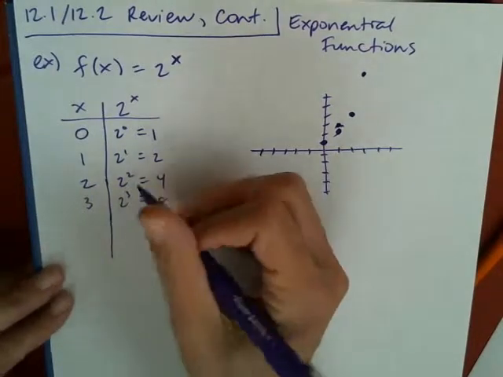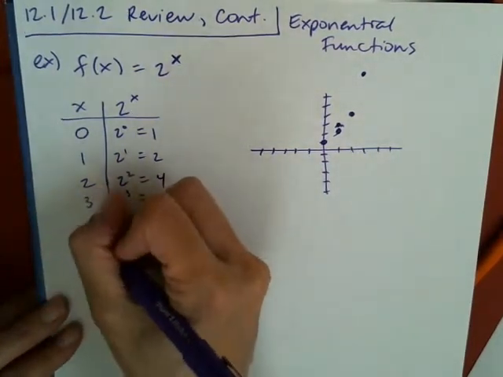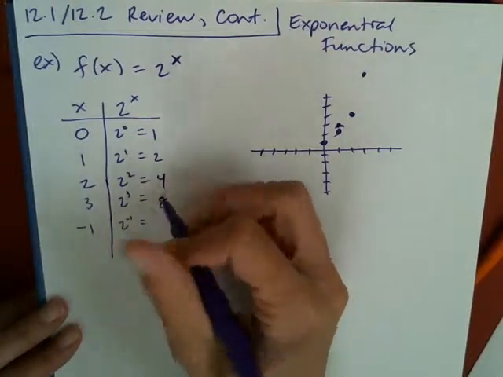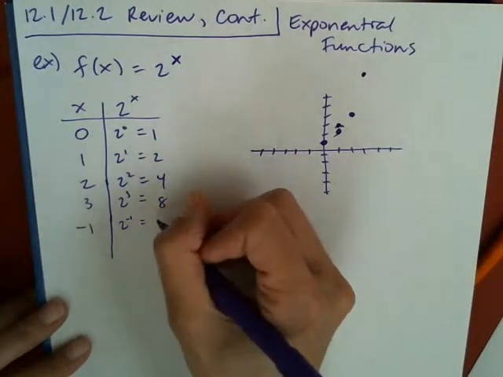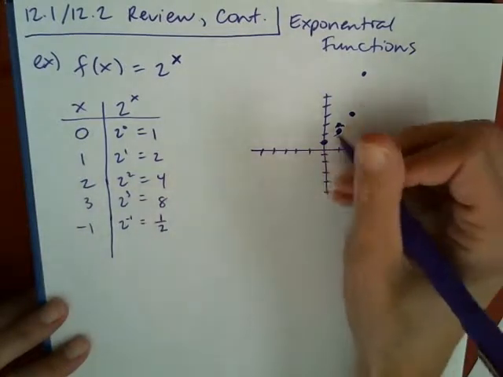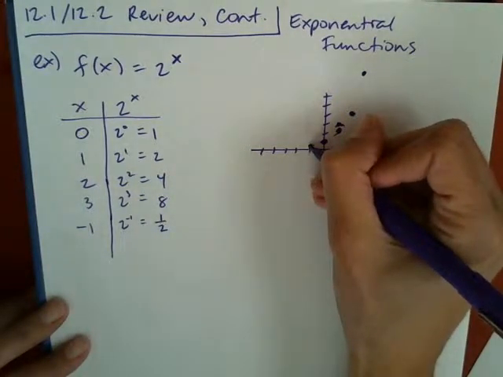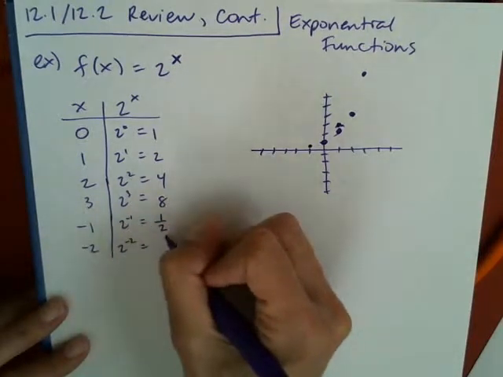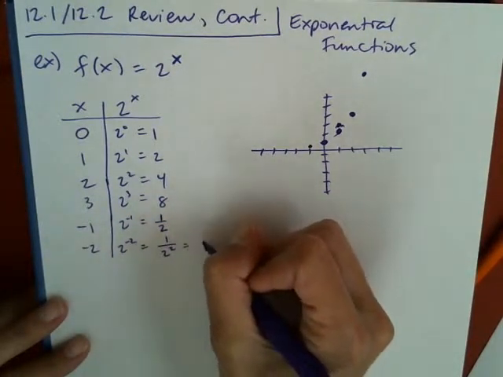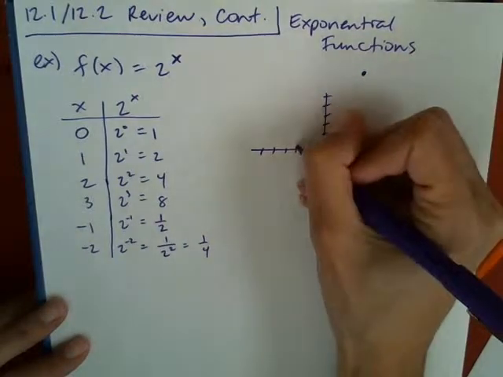What I didn't put up here for my x's are negatives. So negative 1, 2 to the negative 1. This is a negative exponent, so I'm going to do the reciprocal, and I get 1/2. Negative 2, 2 to the negative 2, again a negative exponent, 1 over 2 squared is 1/4.